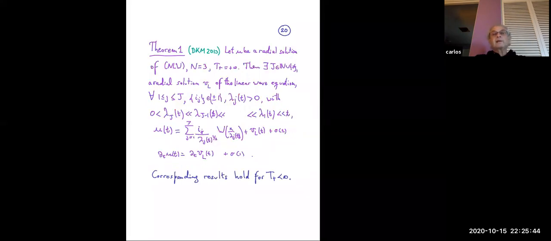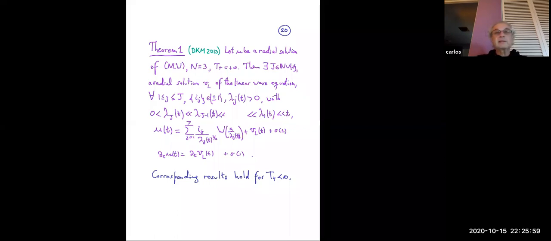The first result in this direction we obtained with Duyckaerts and Merle in 2013. And the theorem says that suppose we have a radial solution of the nonlinear wave equation that exists for all positive time. So t plus is plus infinity.